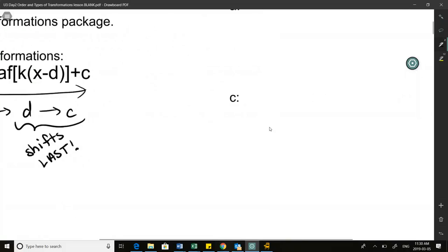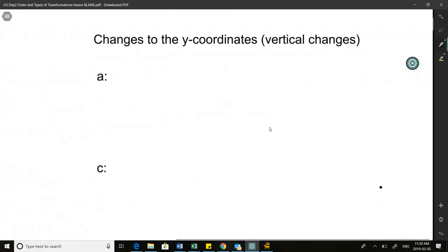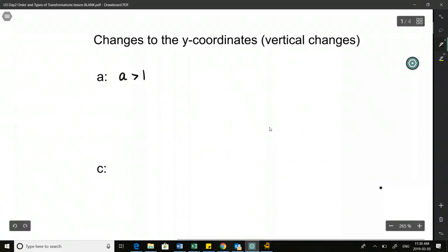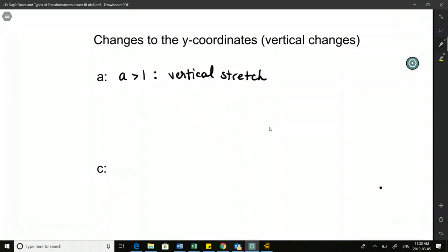Okay, A value. So your A value summary, these are changes to the y coordinates. They are vertical changes. When A is greater than 1, this is a vertical stretch, and then we usually indicate the stretch factor. So if A is 2, for instance, we would say vertical stretch by a factor of 2, which means that we're taking all the y's and multiplying them by 2.